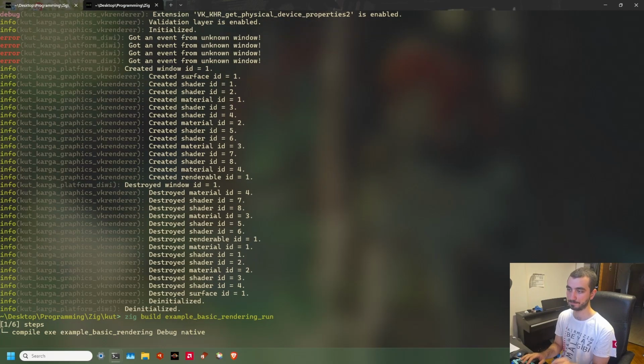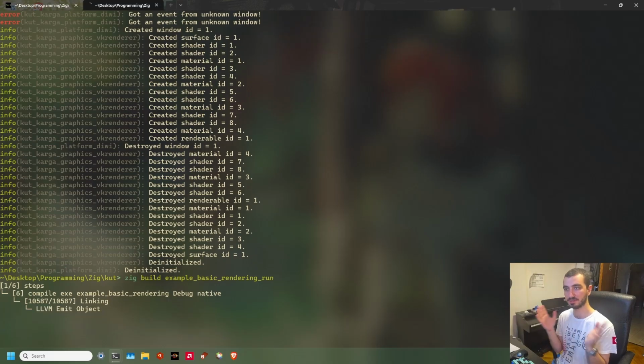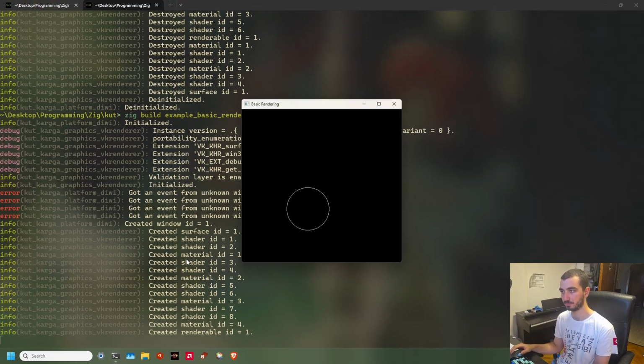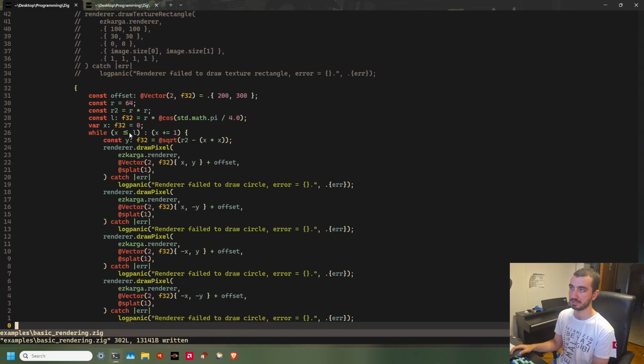There you go. Now we get the complete circle. And that's really all there is to it. This is how you draw a circle using the midpoint circle algorithm.